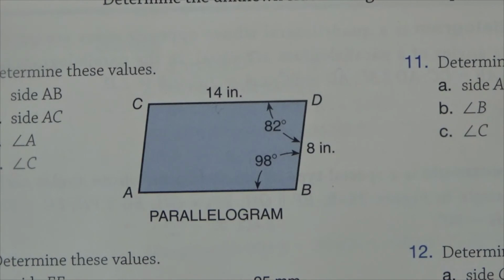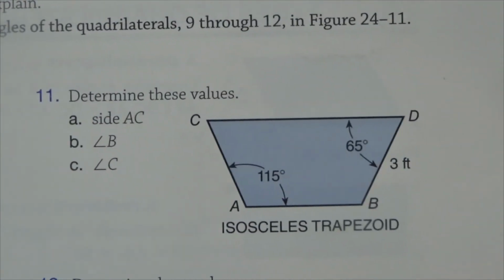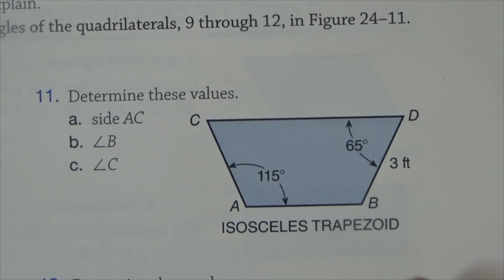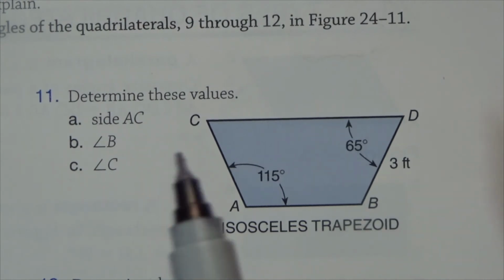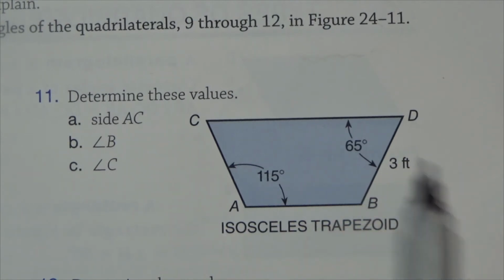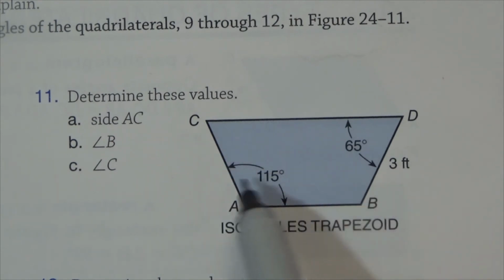Okay, so let's move over. I find it easier to move left to right than up and down. So going a little out of order here. Number 11. So we need to find side AC and angles B and C. Okay. So here we have side AC, which is right here. That's because this is an isosceles trapezoid.